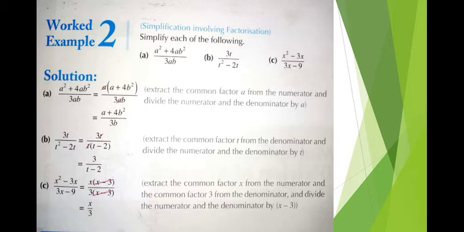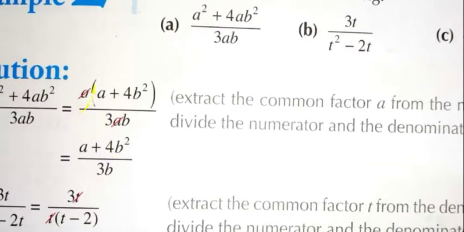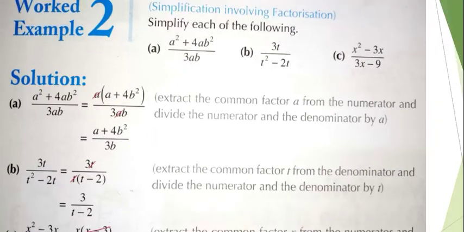Rather, you have to pull out first the common factor of the numerator, which is a. So here they pull out a, and for a squared, because you pull out a, that will become a, and for ab squared, you pull out a, it becomes 4b squared.